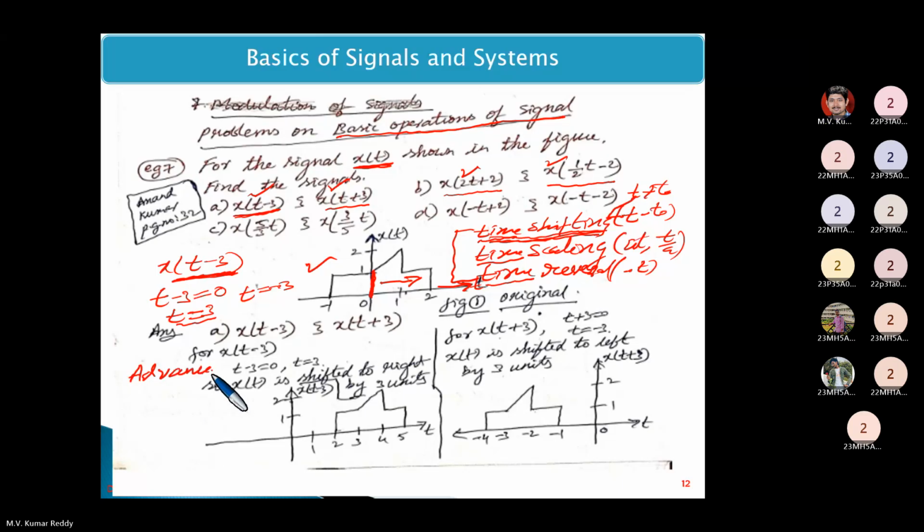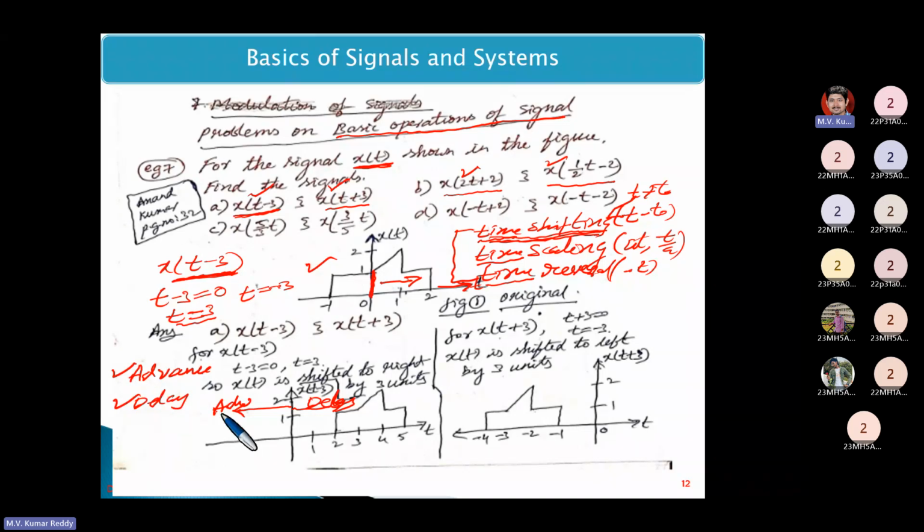If the waveform is shifted to the left side, then it is called advance. If the waveform is shifted to the right side, it is called delay. In time shifting, again we have two types: time advance and time delay.